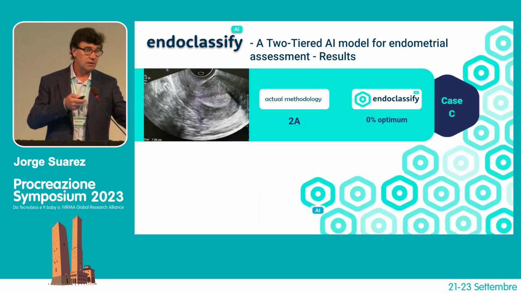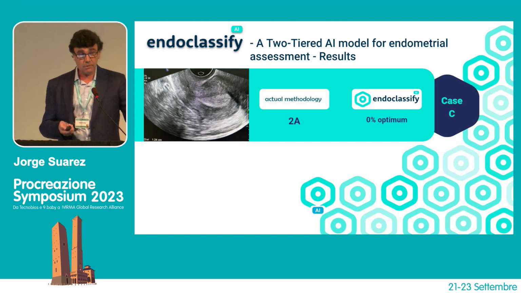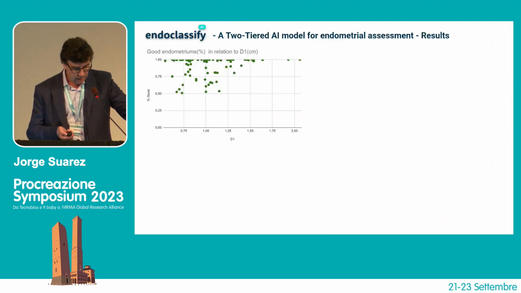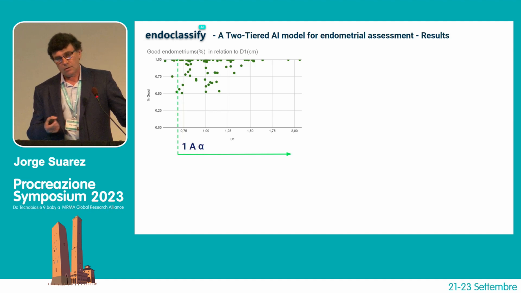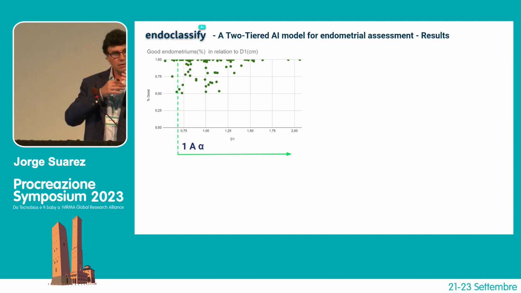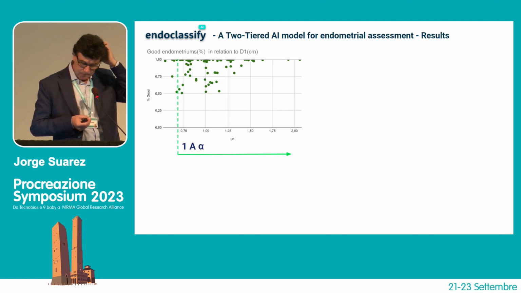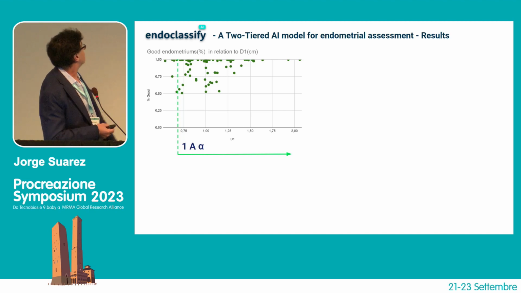This is just an example. The 2A is not only a trilaminar configuration, and our endo-classify model identifies 0% optimum. This is the last slide that I need to present here. It demonstrates the correlation between the clinical research outcomes and the model outcomes.